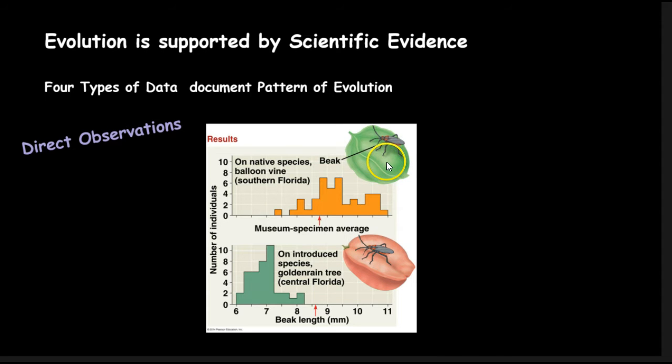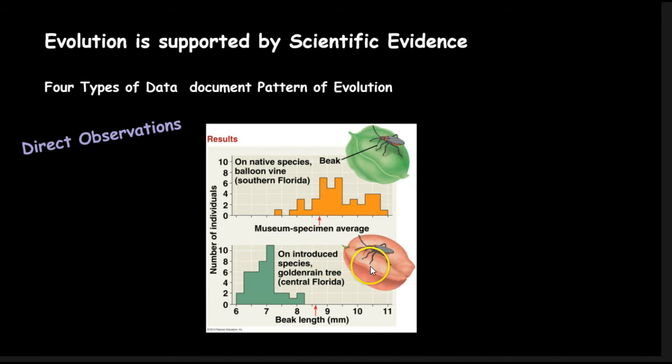So those soapberry bugs with short beaks aren't able to really survive on the balloon vine fruit in southern Florida. Now in central Florida, we take a look down here. In central Florida, the balloon vine tree is very, very rare. But there is an invasive tree, the golden rain tree from Asia, that was introduced to central Florida.